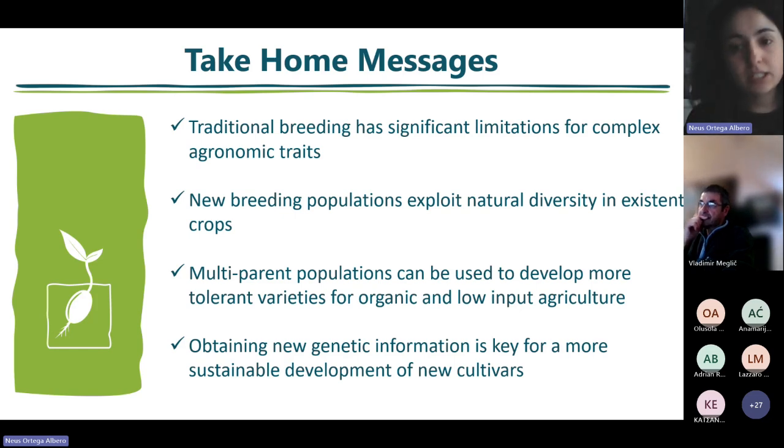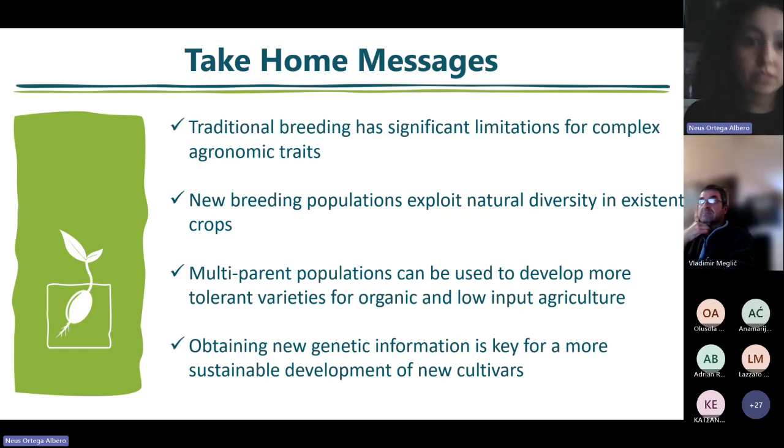So it's important to develop new breeding populations that exploit the natural diversity that we already have in our gene banks. And it's not just breeding populations, it combines this diversity to give new material resources.